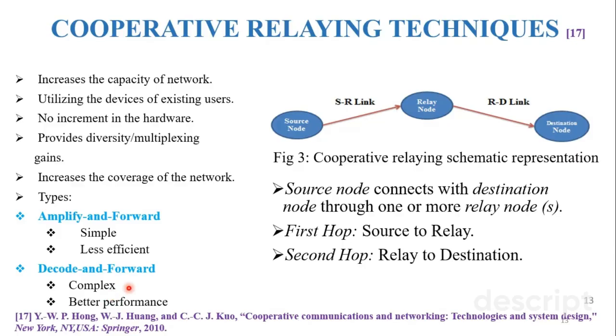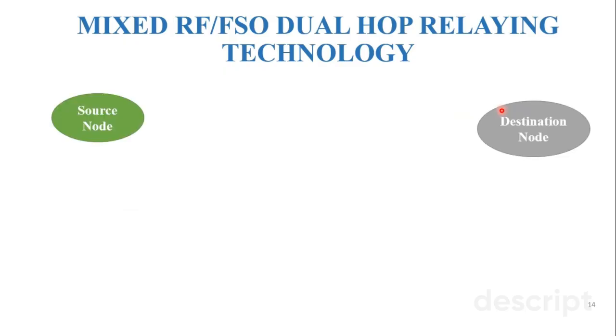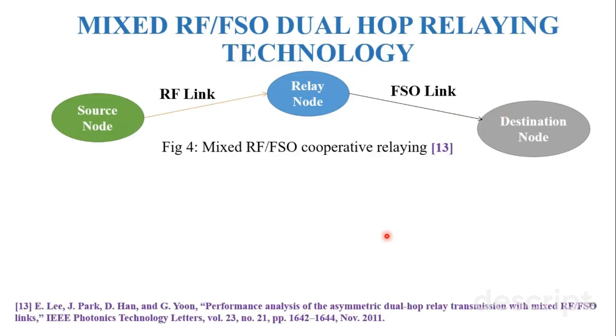Now, in a mixed RF FSO communication system, you use one hop as RF and the other as FSO, depending on whether it is downlink or uplink. That system has a major advantage: the source node communicates with the destination node through a relay node, and source to relay is, suppose, RF, and the relay to destination link is an FSO link. In this form of communication, you have the best of both worlds.